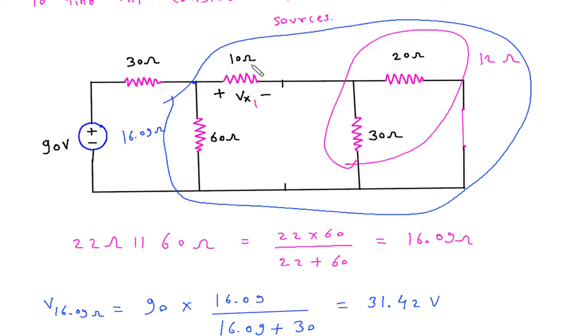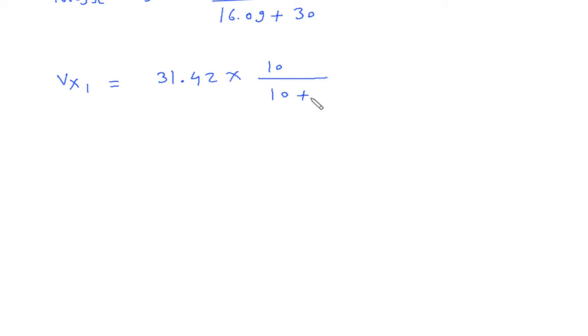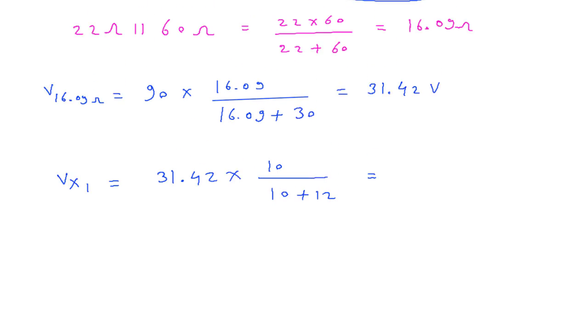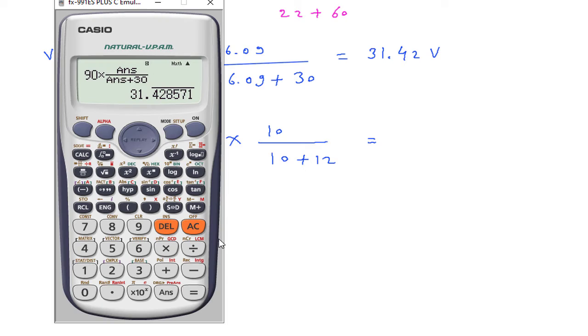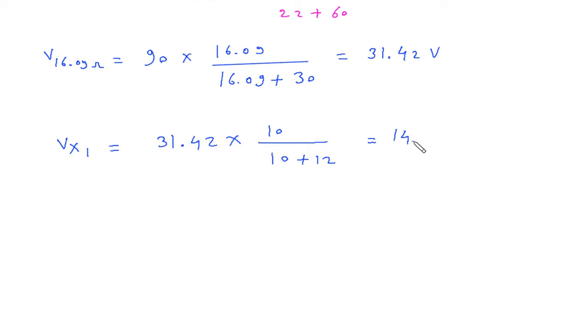Total will be 10 plus 12. So this will be 31.42 into 10 by 10 plus 12, which is 14.281 volt. So therefore Vx1 is equal to 14.281 volt.